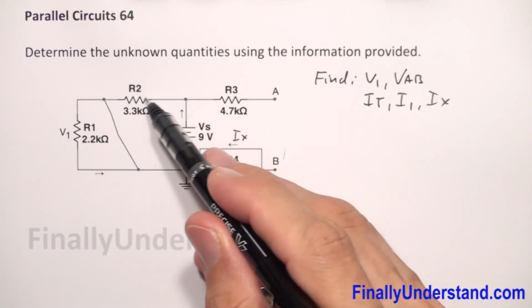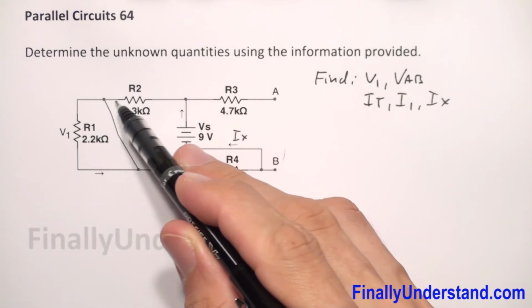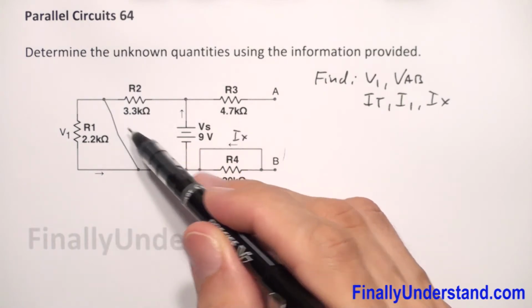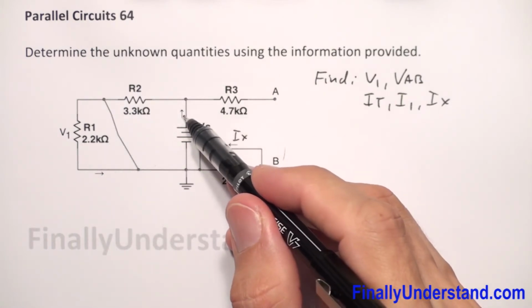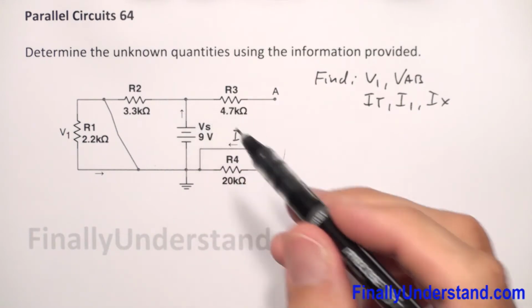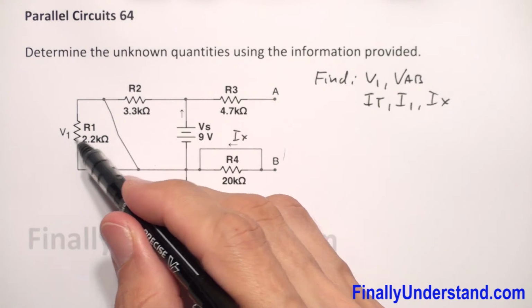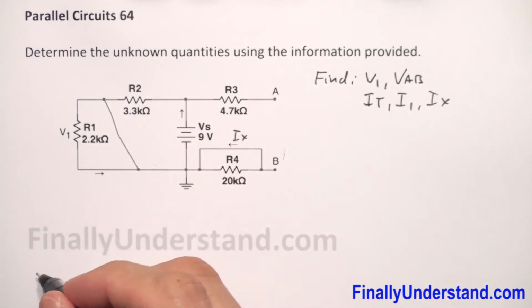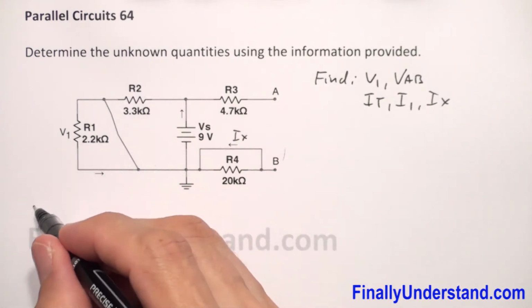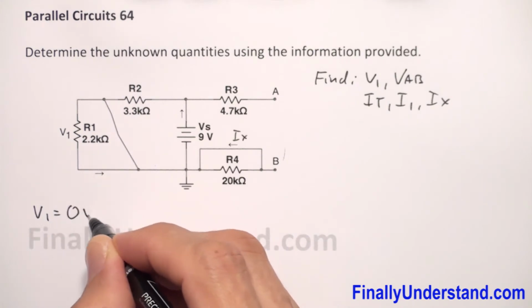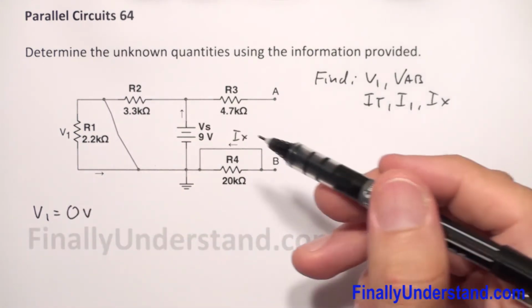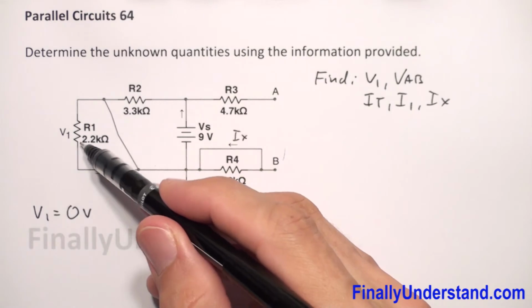So the simplest way is going to take this piece of wire. Okay, so my V1, voltage across resistor R1, let me write this over here, V1 is equal 0 volts. Why 0 volts? Because current is not going to flow through this resistor.